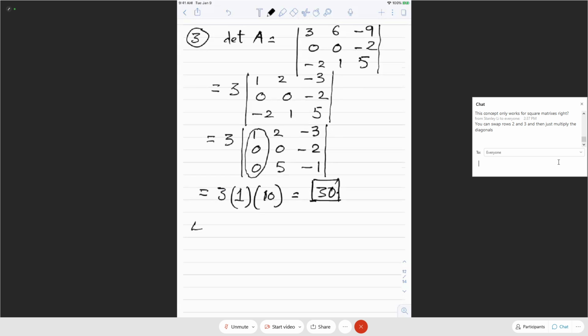Yes, perfect. So, Professor, the answer will be the same no matter how we do it, right? Of course the answer is the same. Absolutely. A square matrix has one and only one, a unique determinant, please.